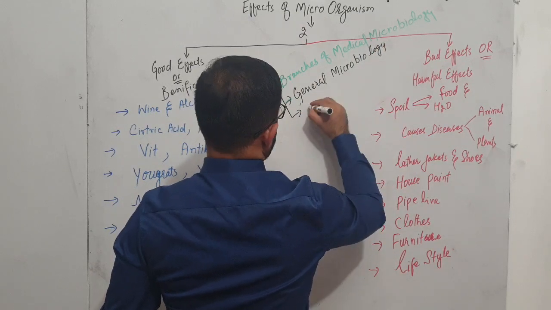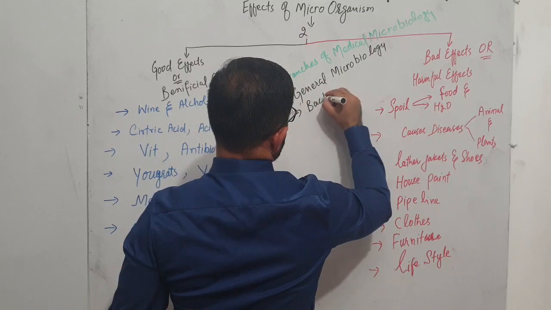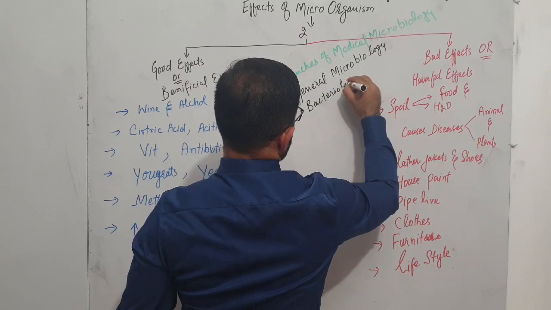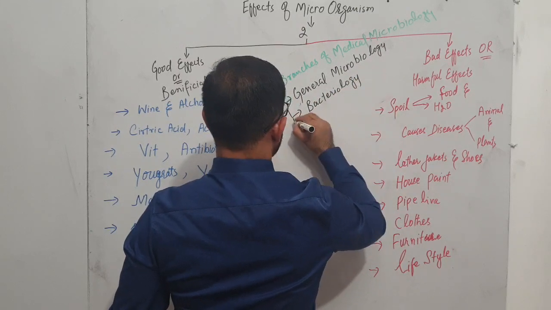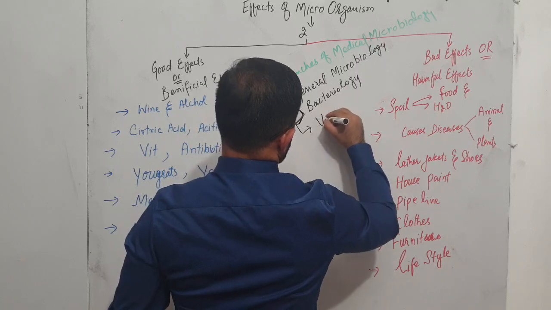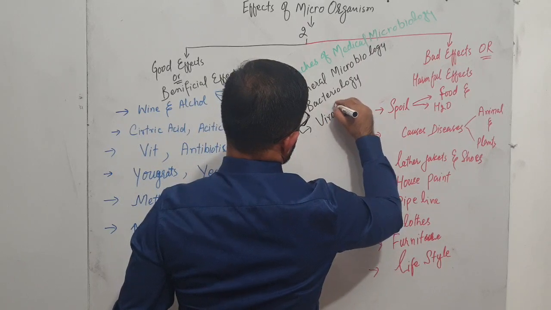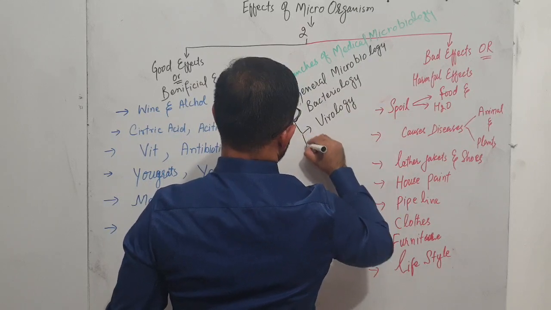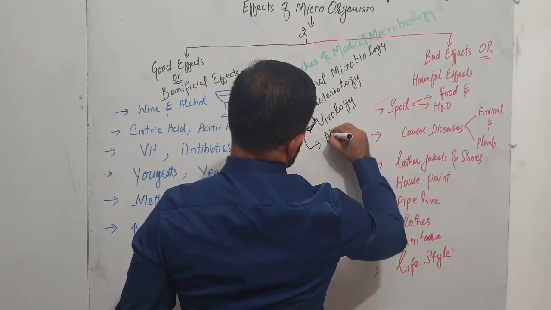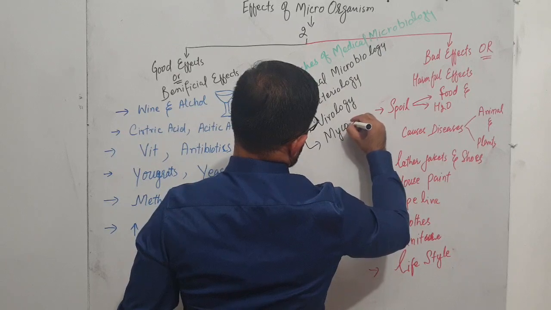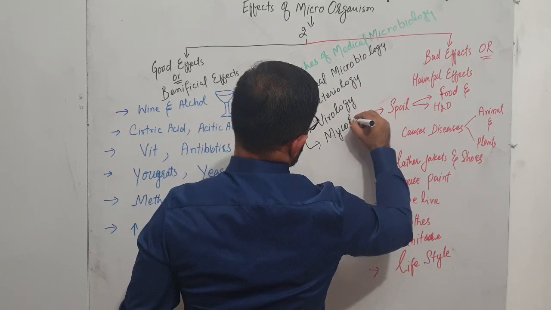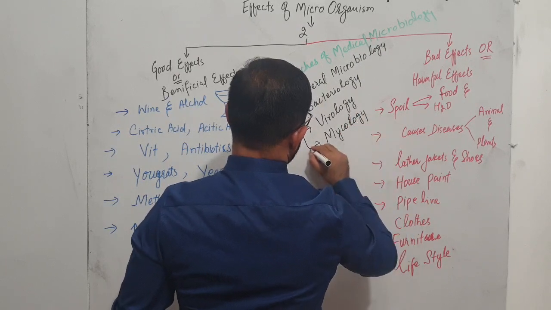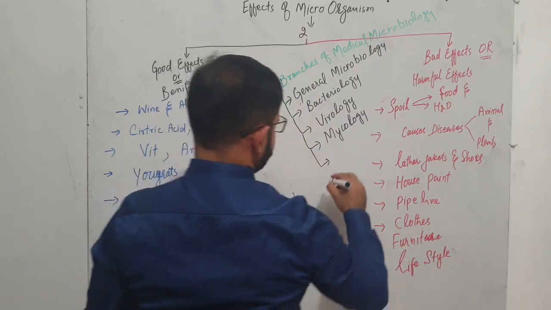The second branch is bacteriology. The third branch is virology. The fourth is mycology. The next branch is parasitology.